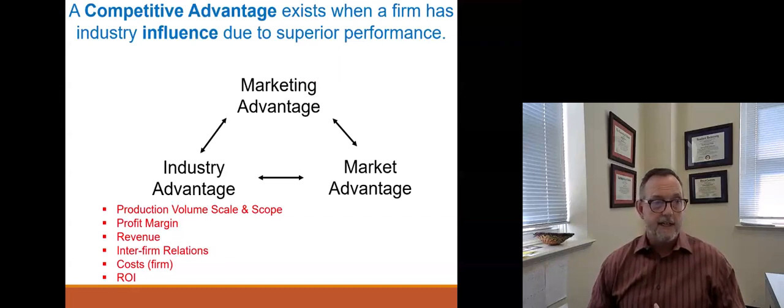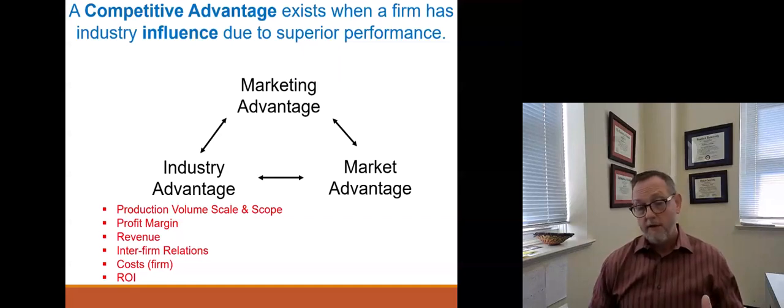Again, this idea of forming interrelated relationships with other firms could also be in the marketing advantage area too. General costs are the different types of costs you incur, whether it's production costs or fixed overhead costs, marketing, sales expenses, and your efficiency in using your expenditures as a return on investment.